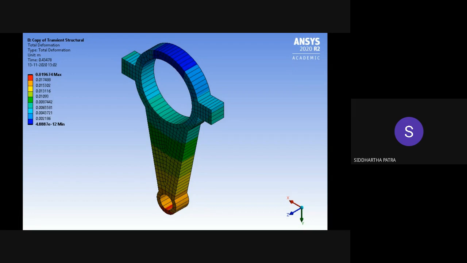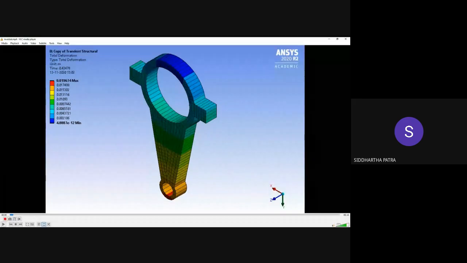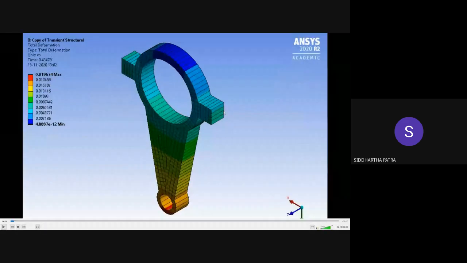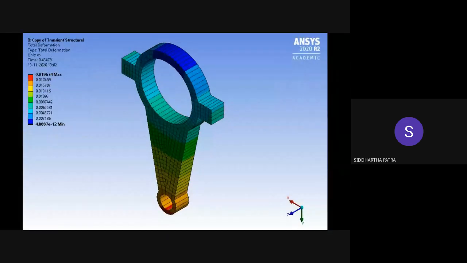I would let the connecting rod oscillate naturally, and we would show that if we release it from a very small initial angle, that becomes simple harmonic motion.